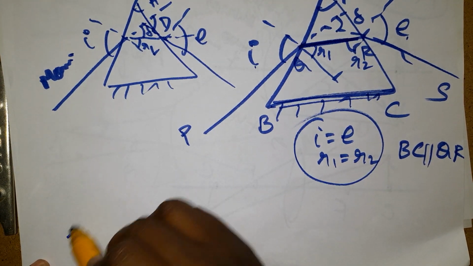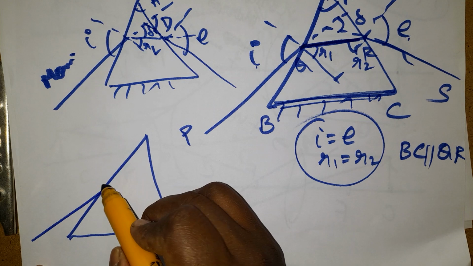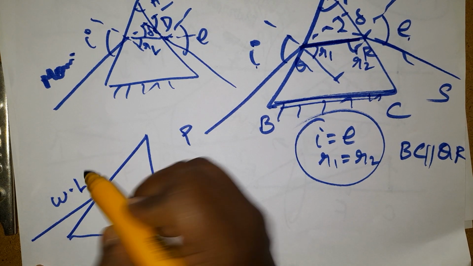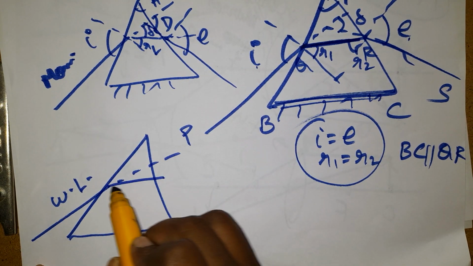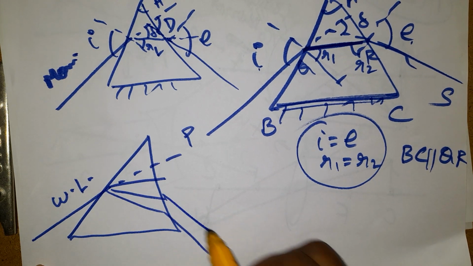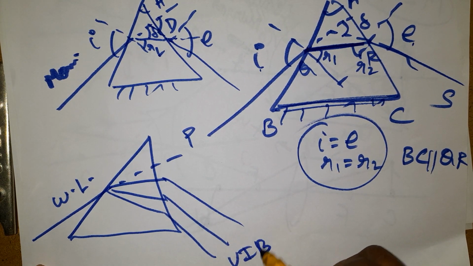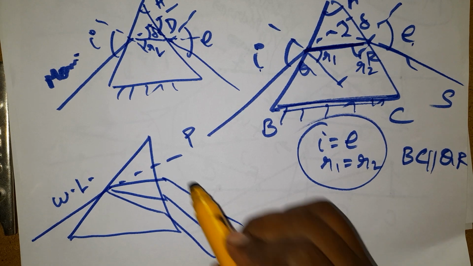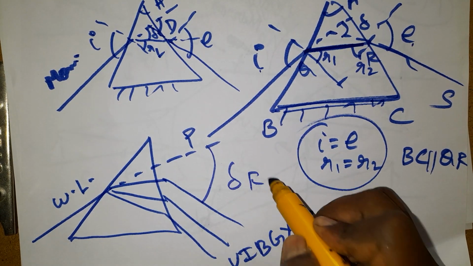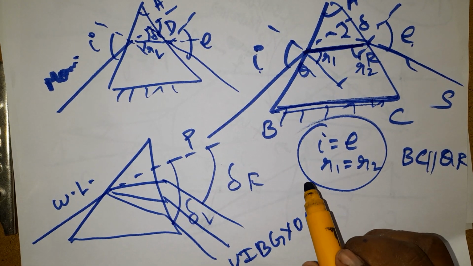Okay. We will take white light. When the white light travels through the prism, it will get dispersed into the 7 colors, VIBGYOR. Red deviates least, violet deviates most. Why does violet deviate most?